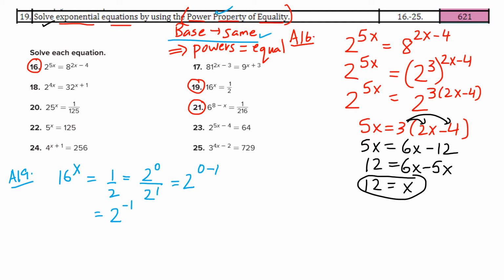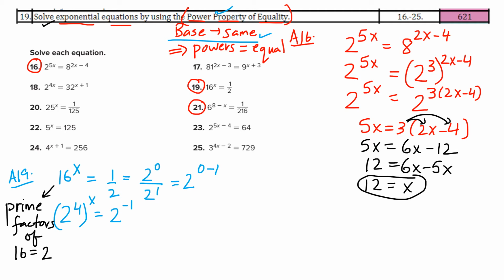Now here again 16 is a big number. I have to make the base equal, so I can write 2 to the power 4. If you don't know how to write 16 equal to 2 to the power 4 without using a calculator, the hint is to do the factorization, or find the prime factors of 16.